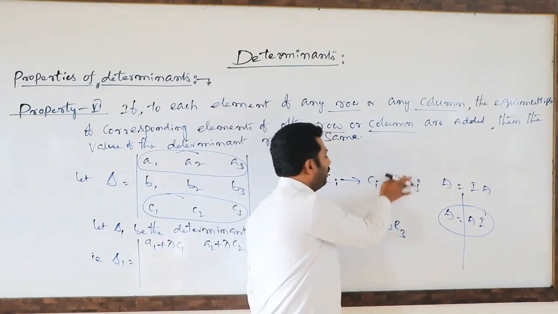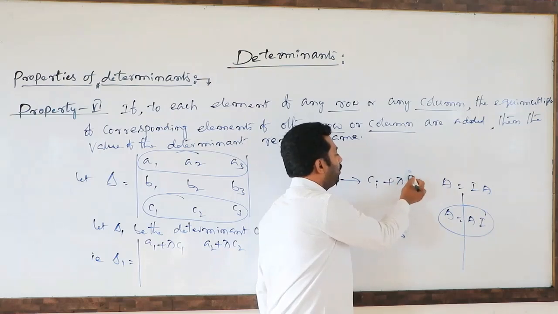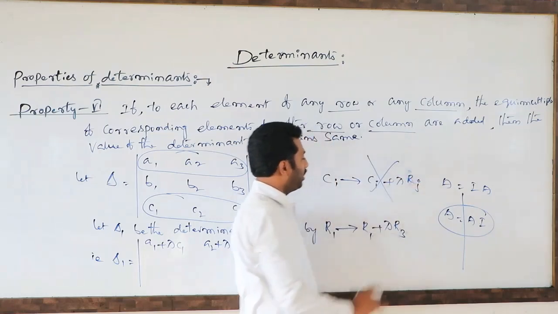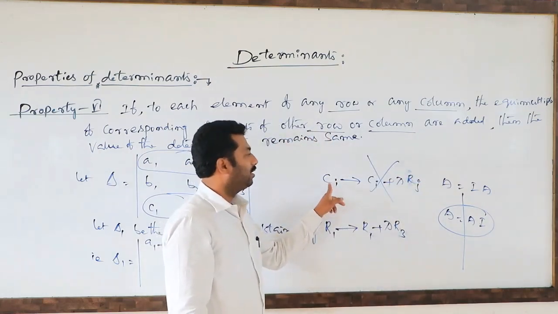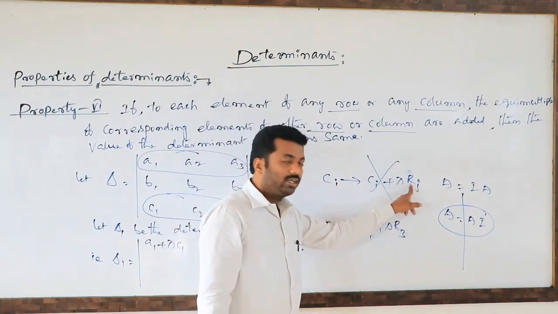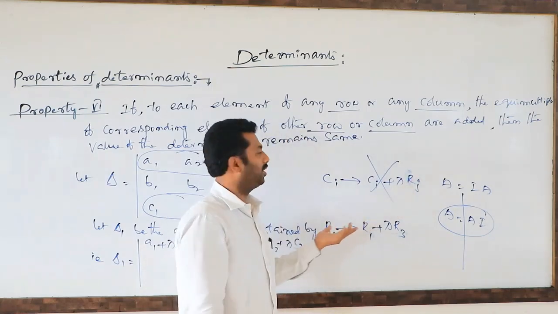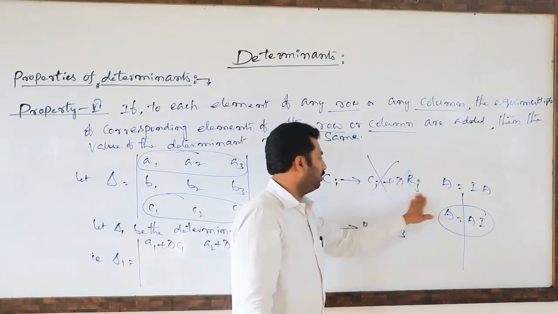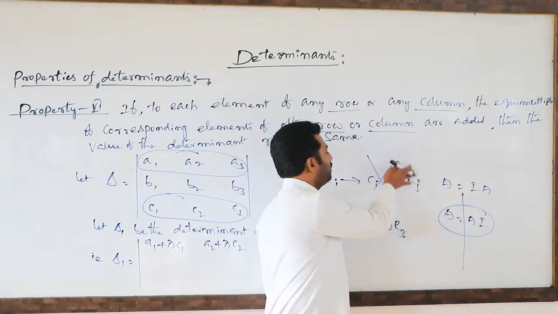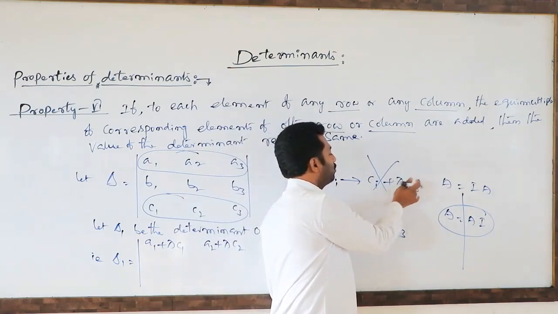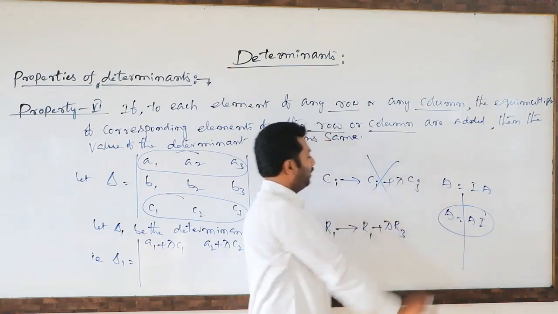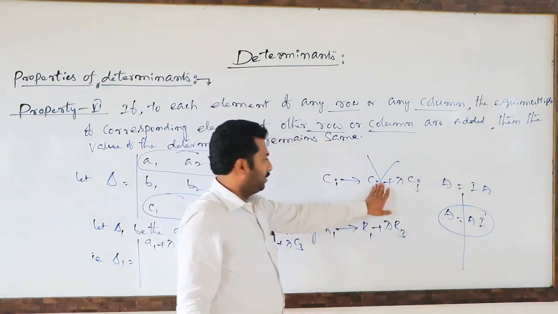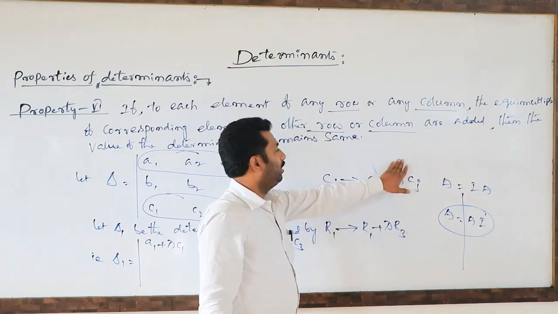In between, if you take R here, this is the wrong process, because you want to change a column but you are using a row. So all the operations must be column-wise or row-wise only. You should not write other than like this. This is most important, you have to remember.